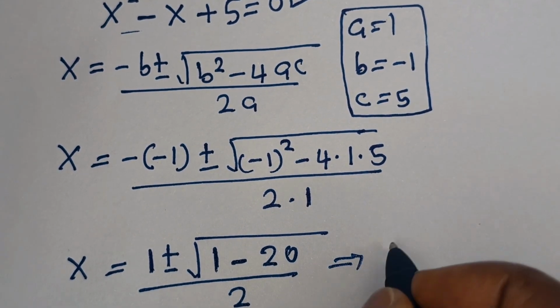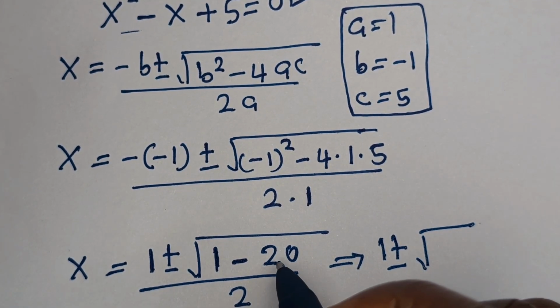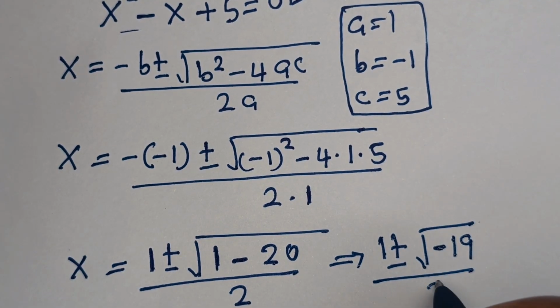And this is the same thing as 1 plus or minus square root of 1 minus negative 20, that is negative 19, over 2.